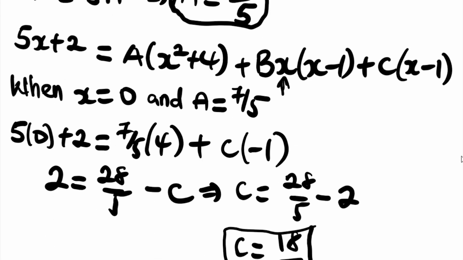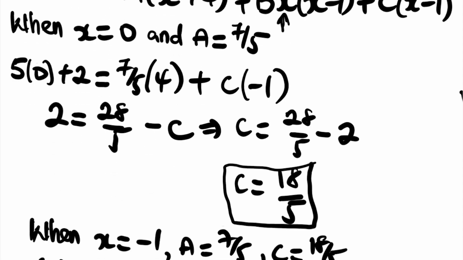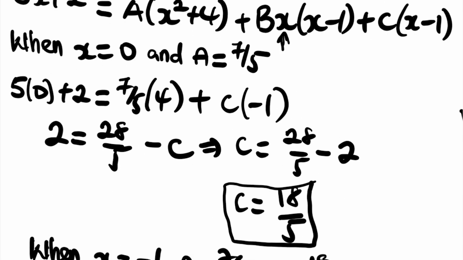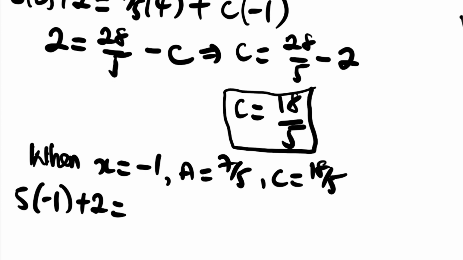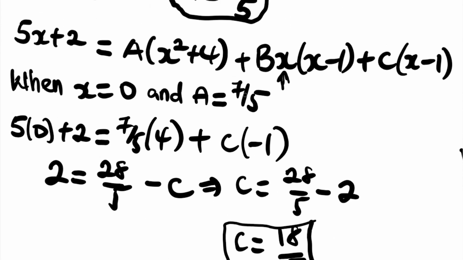So I'm just going to use a, which is 7 over 5, multiplying. What I'm doing is I'm replacing it in this equation. I'm using this equation to replace it with the value that I've selected at that point of x.